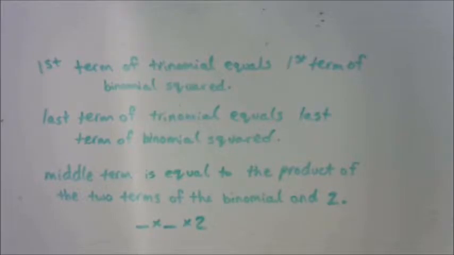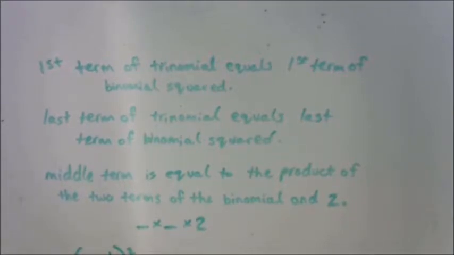Number 4. Think of a rule. Think of it. Don't write it. Just think about it. Think of a rule for expanding and simplifying a plus b squared. It's going to equal a trinomial. What do you know about that trinomial? Think about what the first term is.